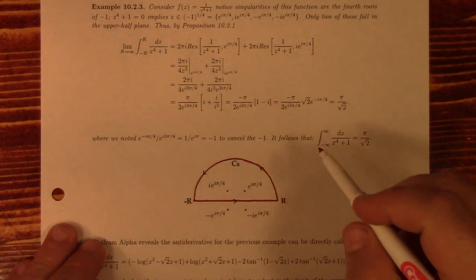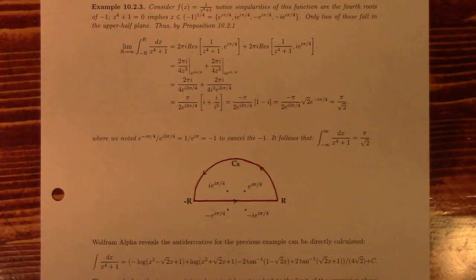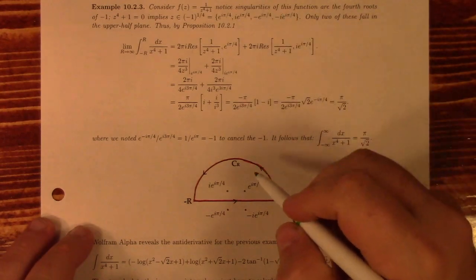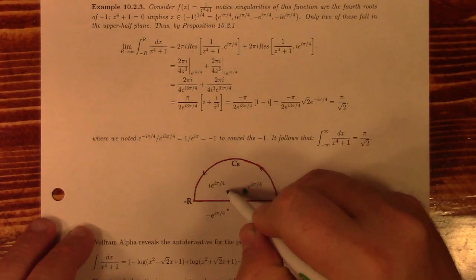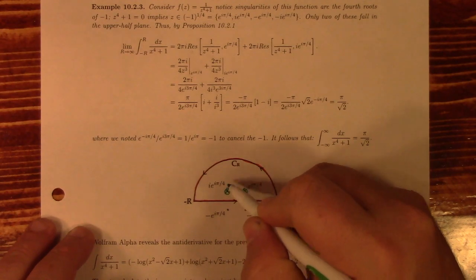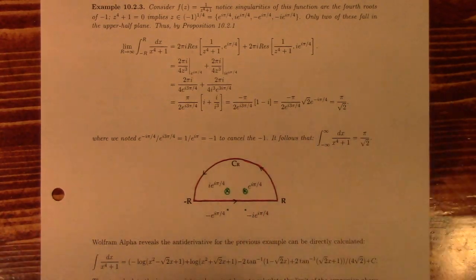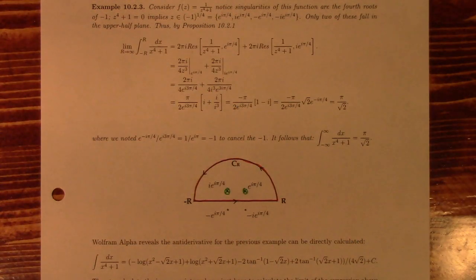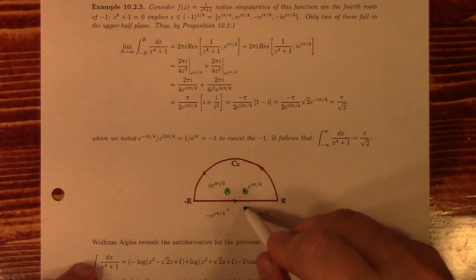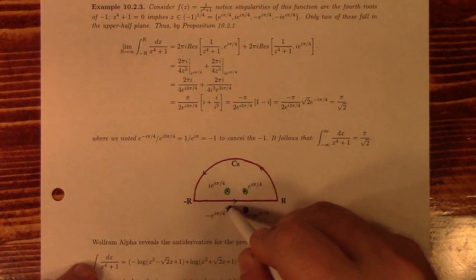We're letting the radius go to infinity. And so you see, of the 4th roots of minus 1, this one here and that one there are both inside the contour. However, the other two of them matter not, because they're outside and they do not contribute to the integral over the half circle.